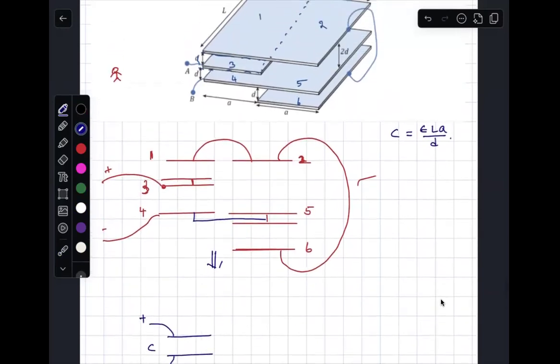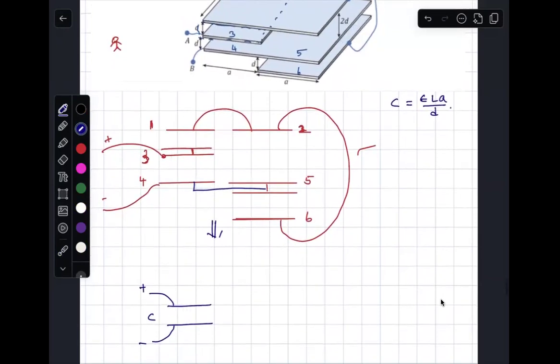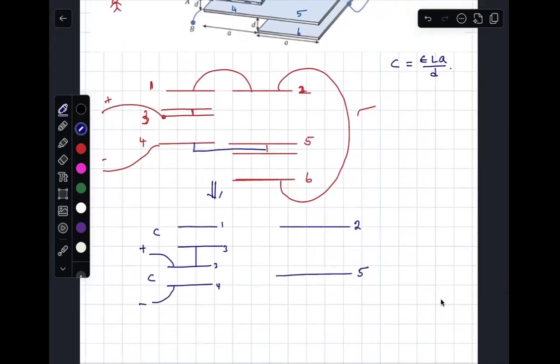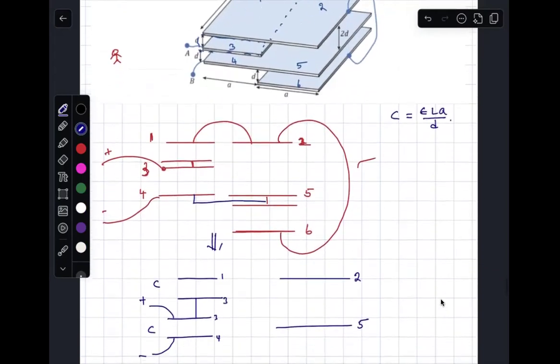What is between 1 and 3? That is also C. Next, 2, 5. What is between 2 and 5? 2D distance.